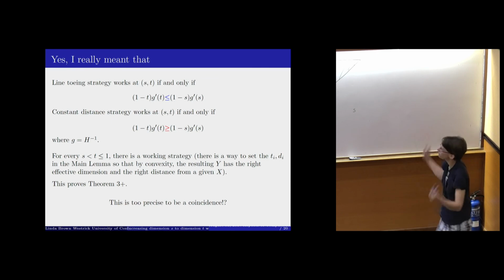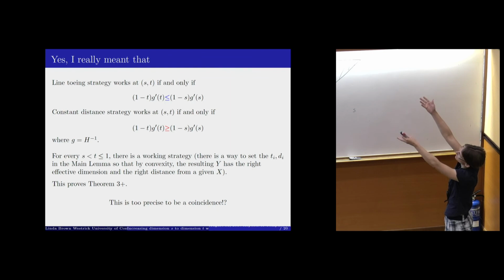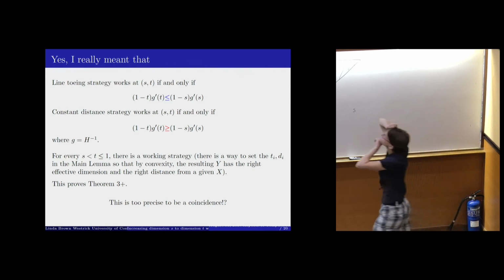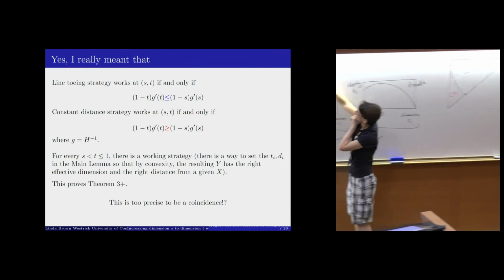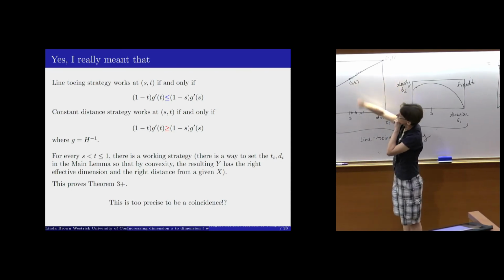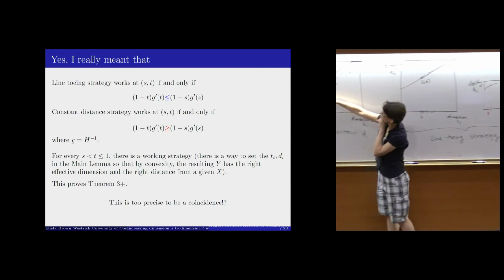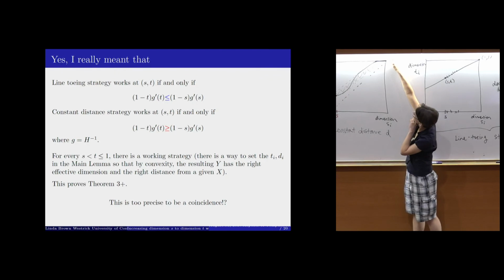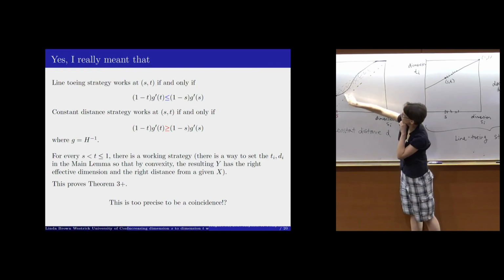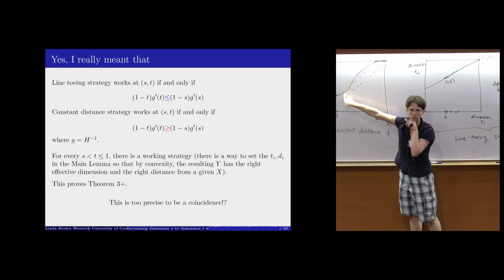So this weird inequality is related to the slope of this line. And it's also related to the slope of the line that connects 1, 1 to the point on this function where it'll be tangent.